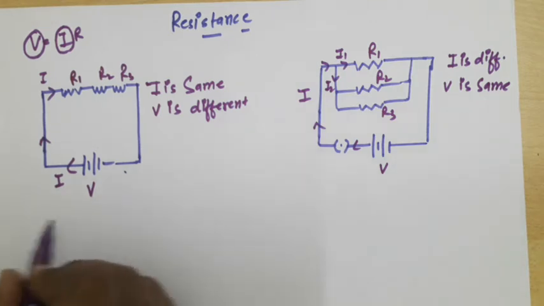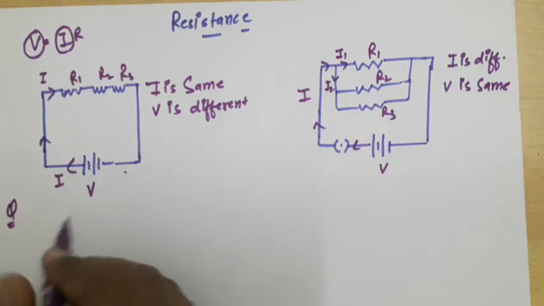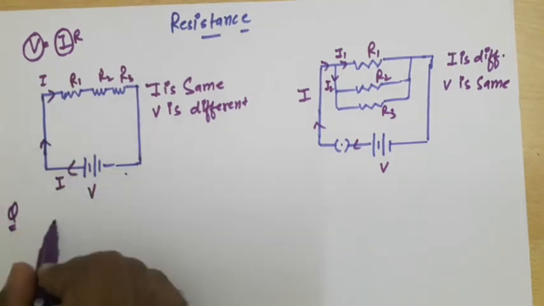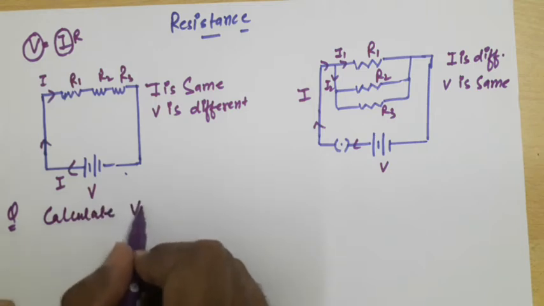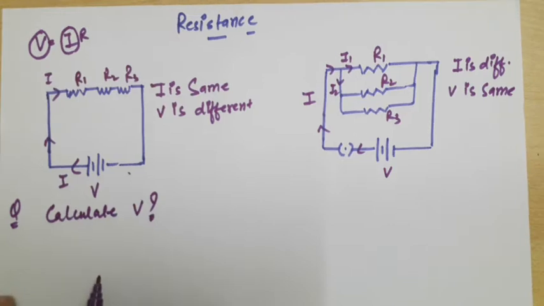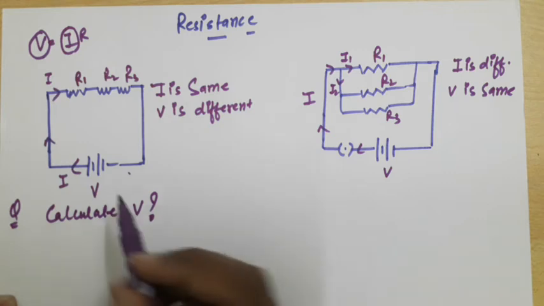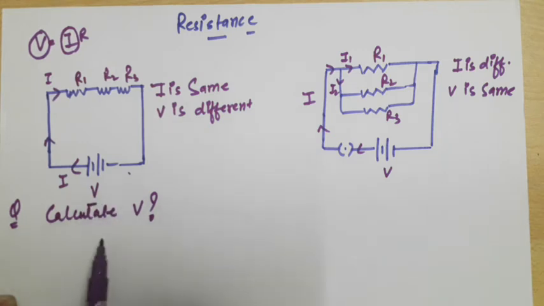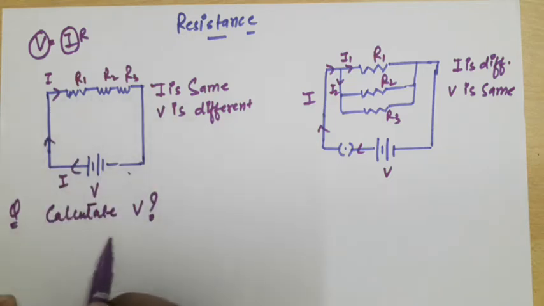So now I am taking a question, where you have to calculate the potential difference. Now a question may strike your mind: the potential difference is already given, so what is there to calculate? Yes, in this circuit V, I and R are given, yet the question says calculate V. Why V?